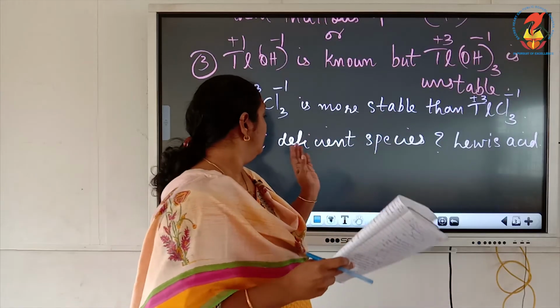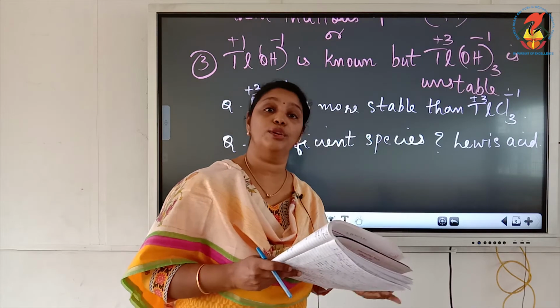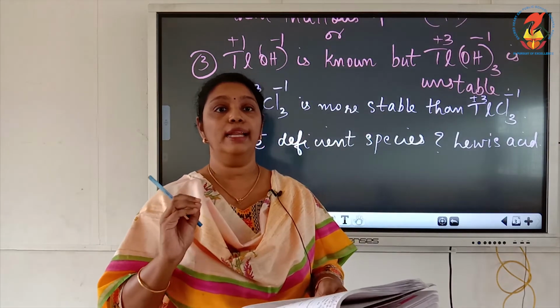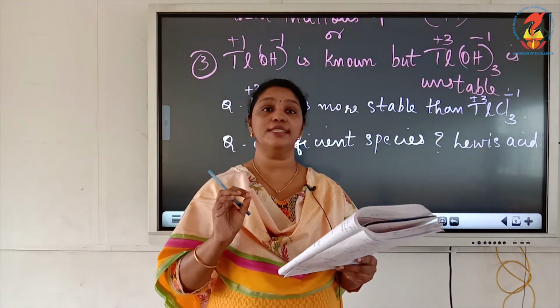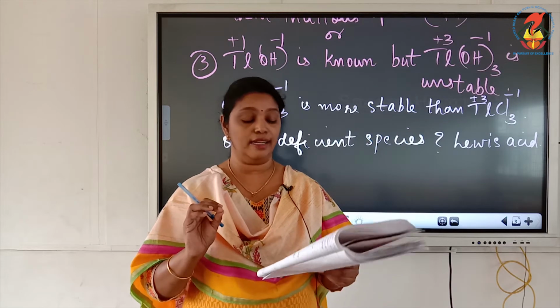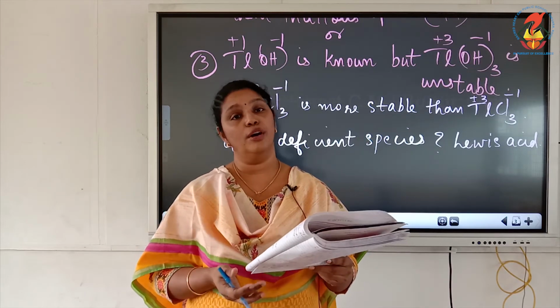Okay, so what are electron deficient species? We can call these electron deficient species Lewis acids. Why? Electron deficient species means the species in which the central atom does not have 8 electrons in the valence shell. They are known as electron deficient compounds.